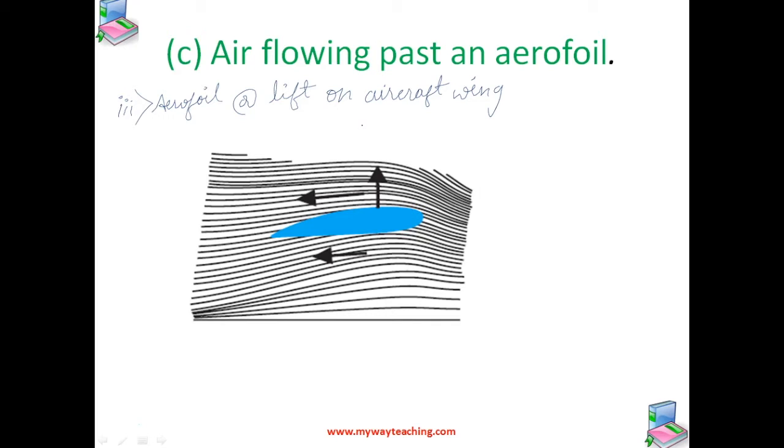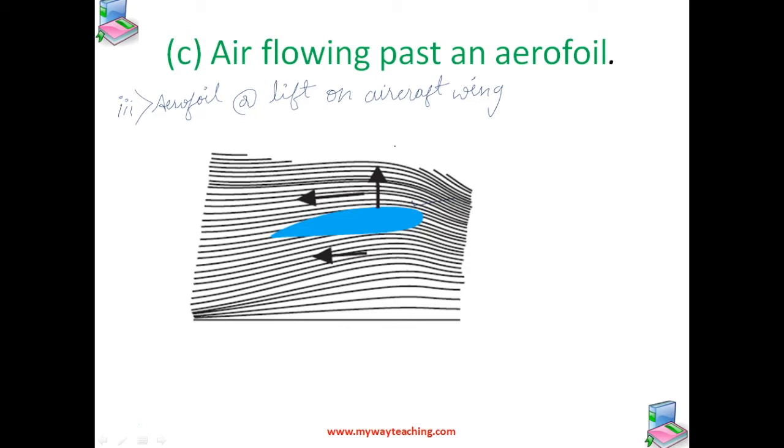The cross section of the wings of an aeroplane looks somewhat like the aerofoil shown here, with the streamlines around it.